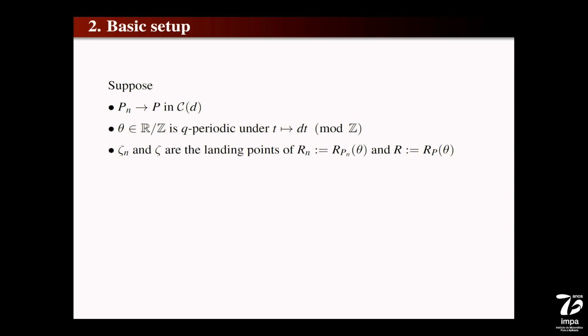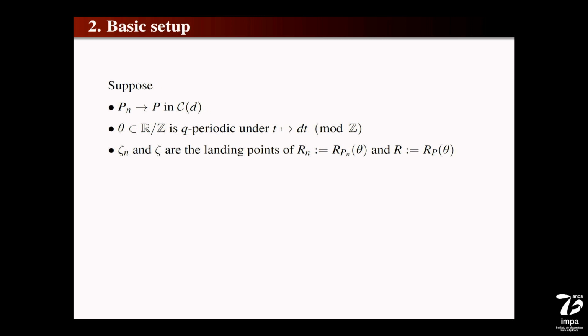So Pn is a sequence in the degree d connectedness locus that converges to a limit p. Theta is a fixed periodic angle under multiplication by d. Throughout, I'm fixing theta, and it's periodic with period q.